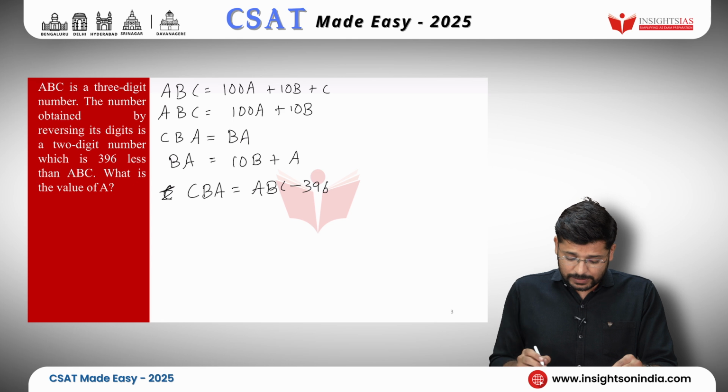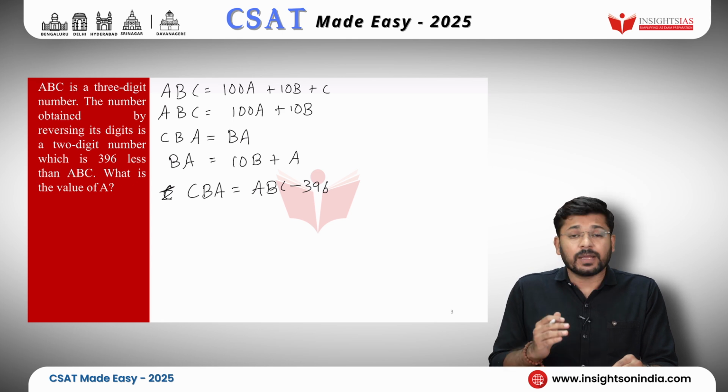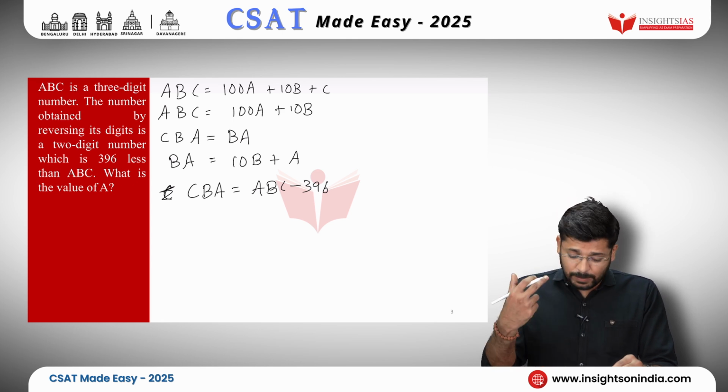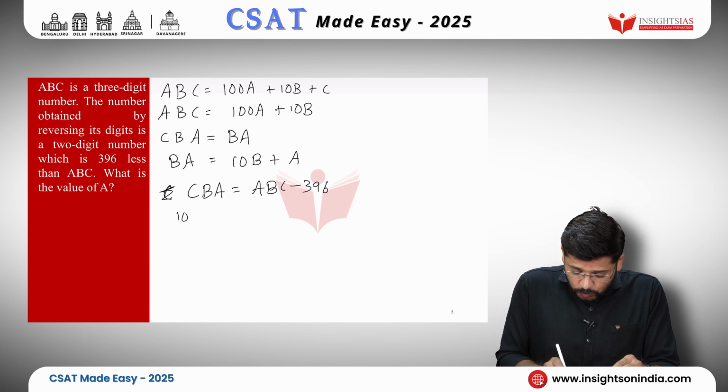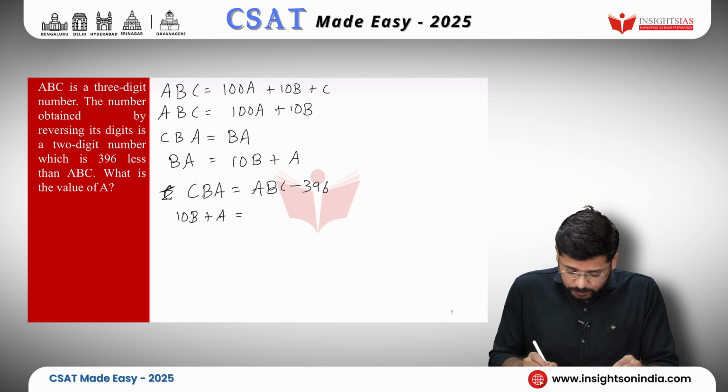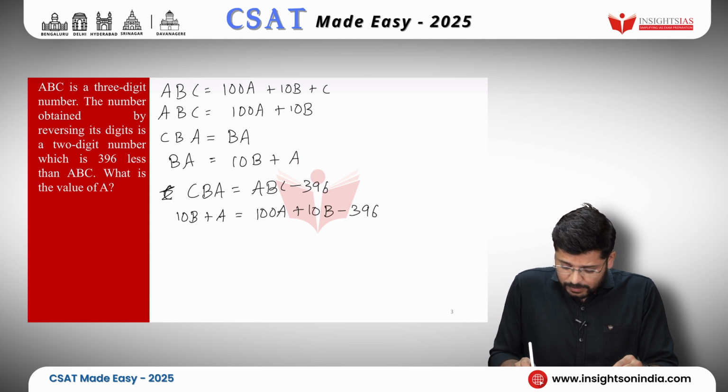Now what is the value of CBA? The value of CBA is BA, and the value of BA is 10B plus A. So 10B plus A is equal to, what is the value of ABC? That would be 100A plus 10B minus 396.